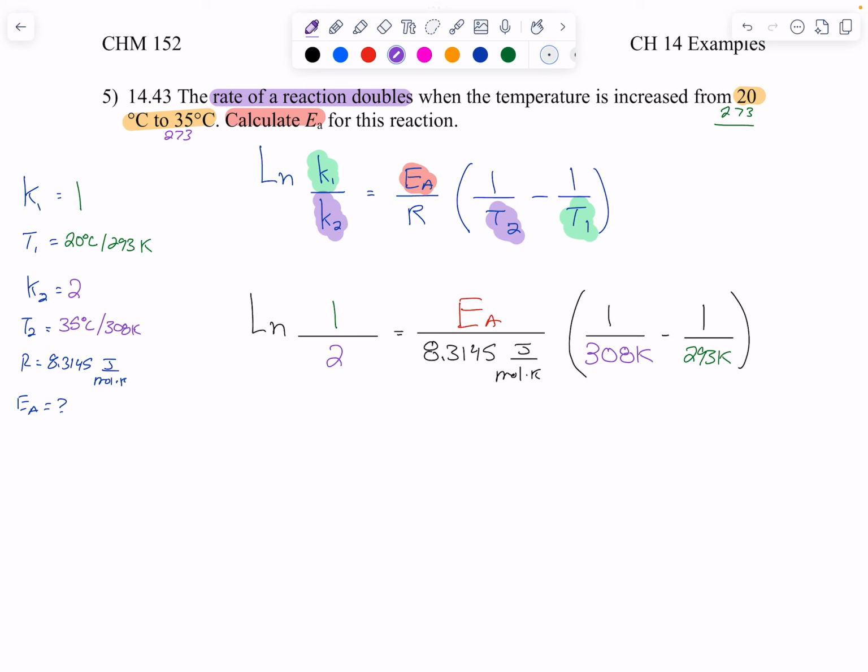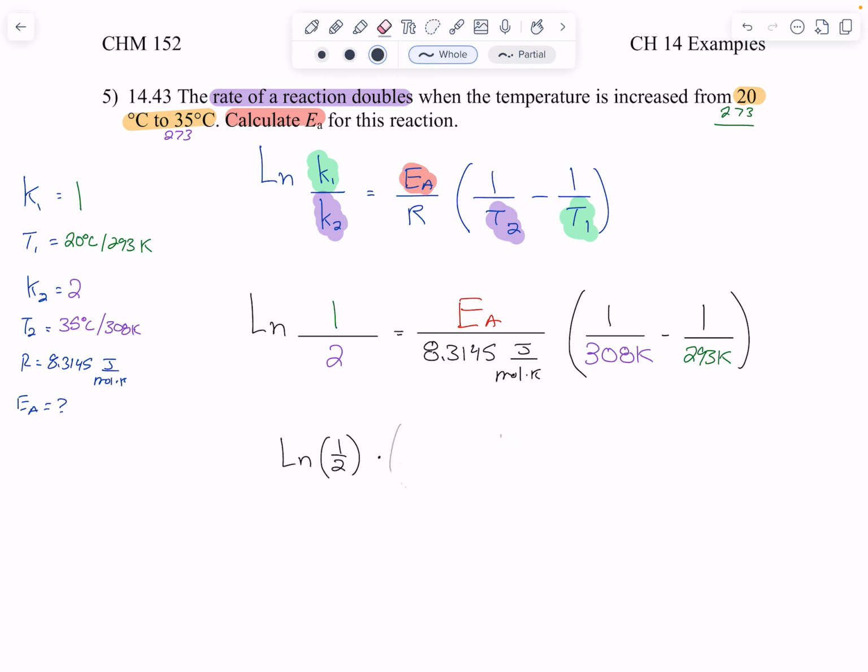All right, and so again, how you do the algebra, whether you do the natural log and then move over and multiply, it doesn't necessarily matter to me how you do this. But if you were just to do it all, natural log of 1/2 times, 1 over 308 Kelvin minus, no, I'm sorry, that's on the bottom, isn't it?